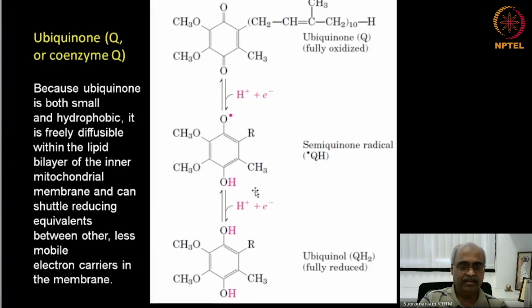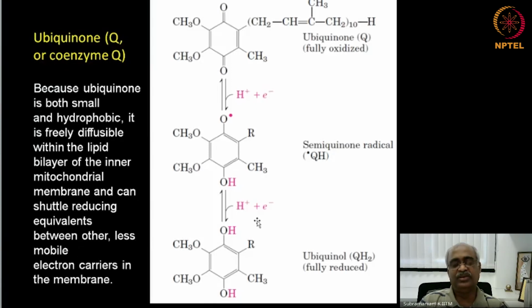Then it can accept another electron and another proton and get fully reduced to the alcohol form, ubiquinol. Because of its ability to accept one electron at a time, it helps in bridging molecules that donate 2 electrons or 1 electron with molecules that accept 2 electrons or 1 electron. So it can bridge them readily.